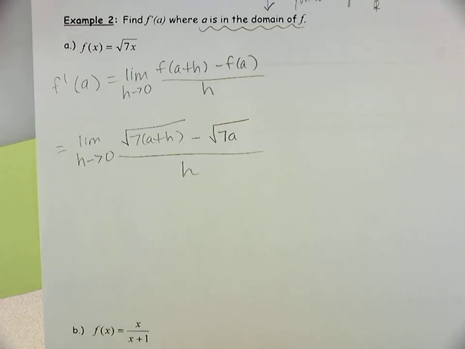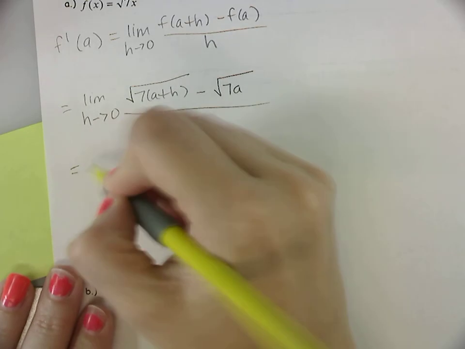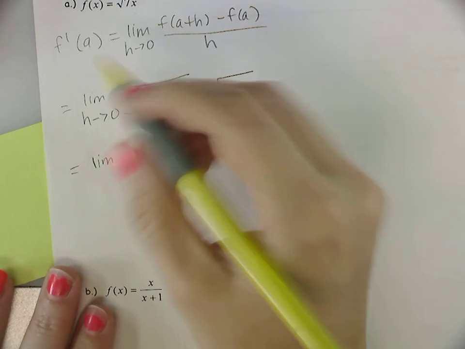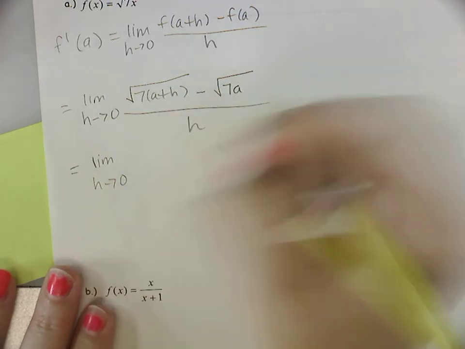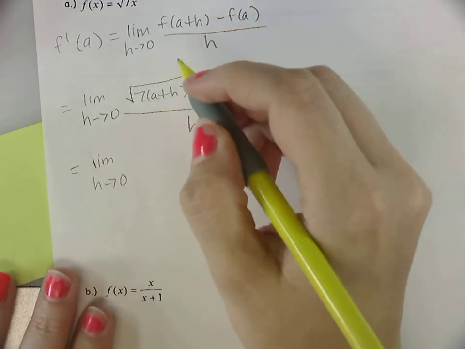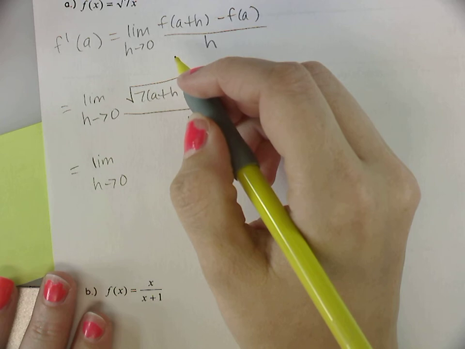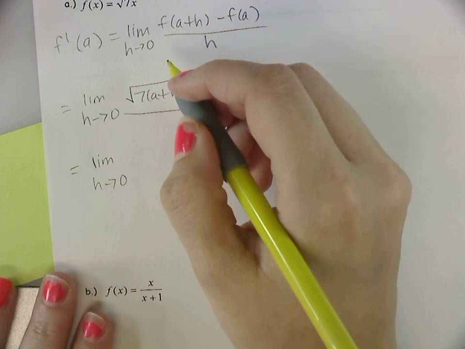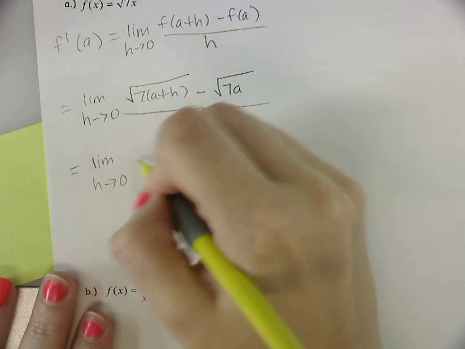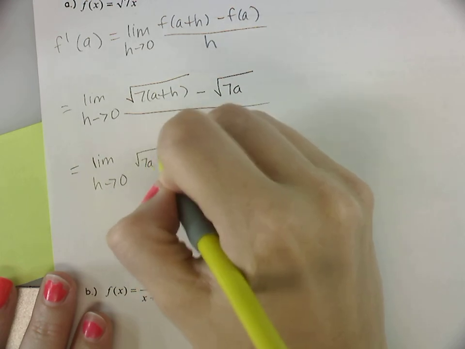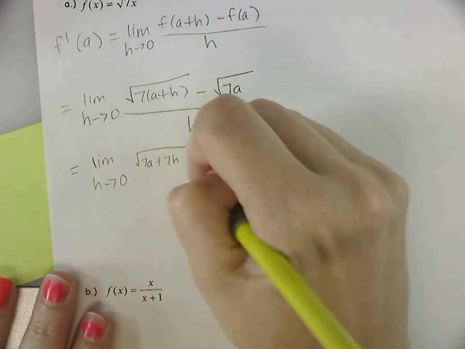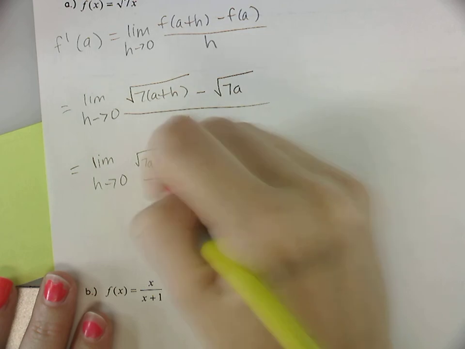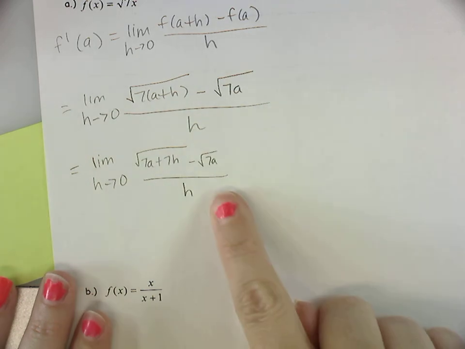Now, remember when we have square roots, what we want to do is rationalize them. So we're going to do that in the next step, and then I'm also going to simplify this, which would be the 7a plus 7h. So this would be the square root of 7a plus 7h minus the square root of 7a over h. And then we're going to multiply by the conjugate of this value.